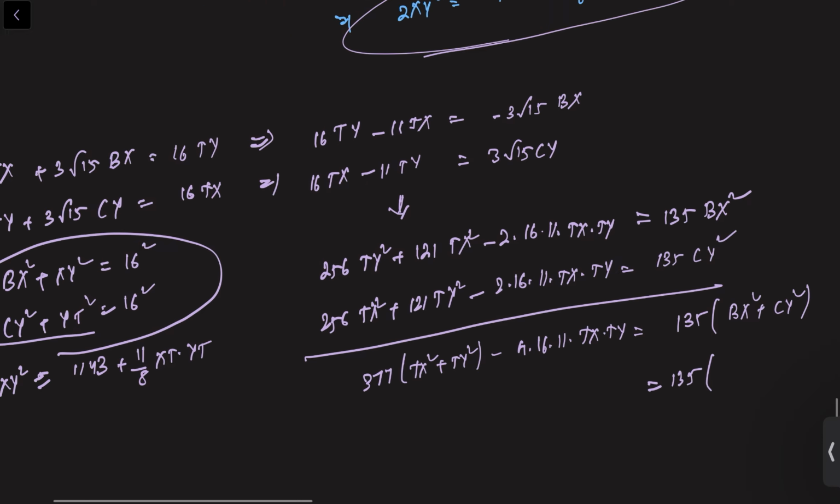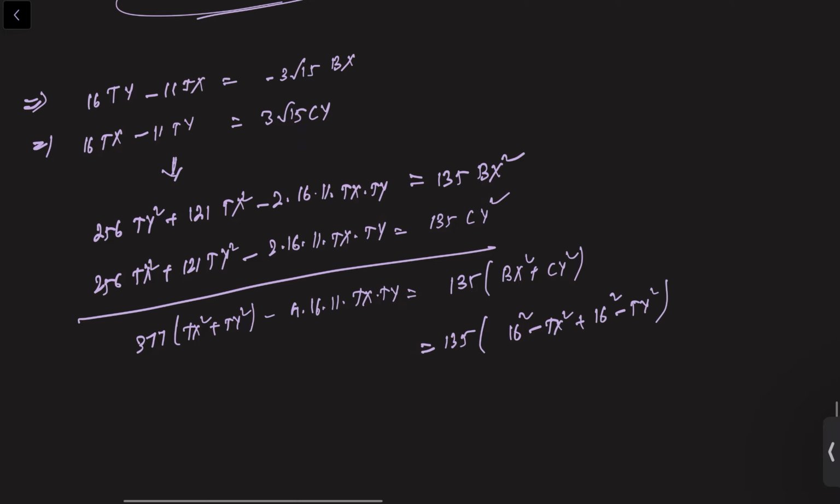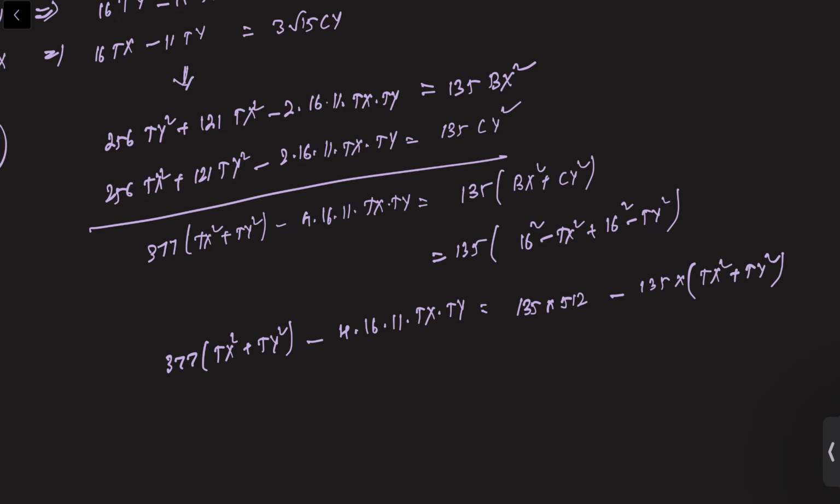That is 135 into, if I send them to the other side, 16² minus tx² plus 16² minus ty². So this entire equation is 135 into 512 minus 135 into (tx² + ty²). If I take it to the other side, I have 512 times (tx² + ty²) is nothing but 135 into 512 plus 4 into 16 into 11 into tx into ty.